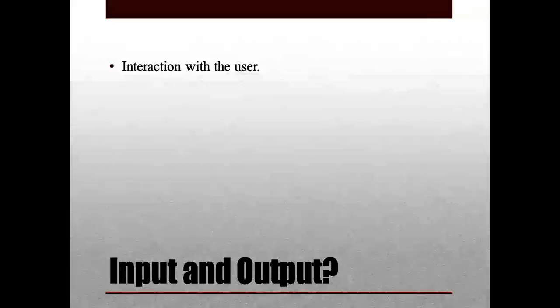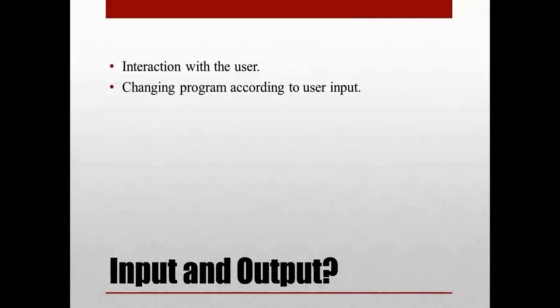So those are the outputs. Taking user input is really important, and I'm guessing most programs need user input to actually do something. User input helps to change the program according to the requirement.